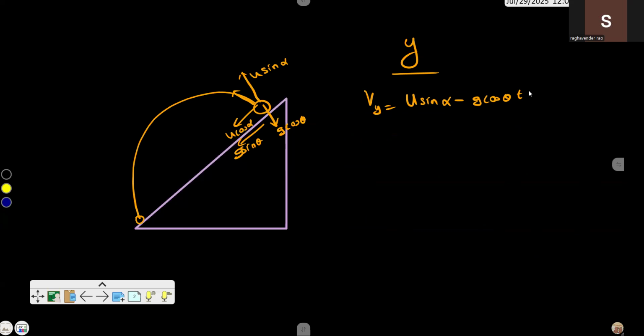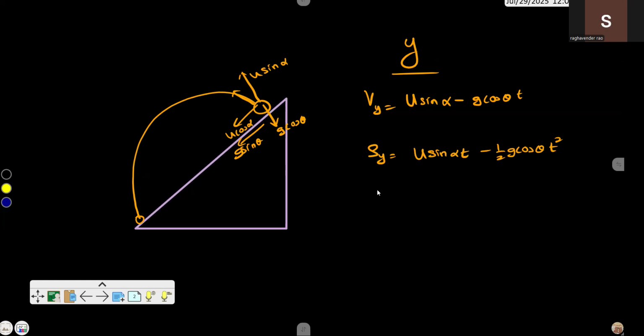Because u sine alpha is still upwards, g cos theta is still downwards. So what happens? The body will stop in the midair. Then Sy is equal to u sine alpha into t minus half g cos theta into t square. This would be your displacement in y-axis.